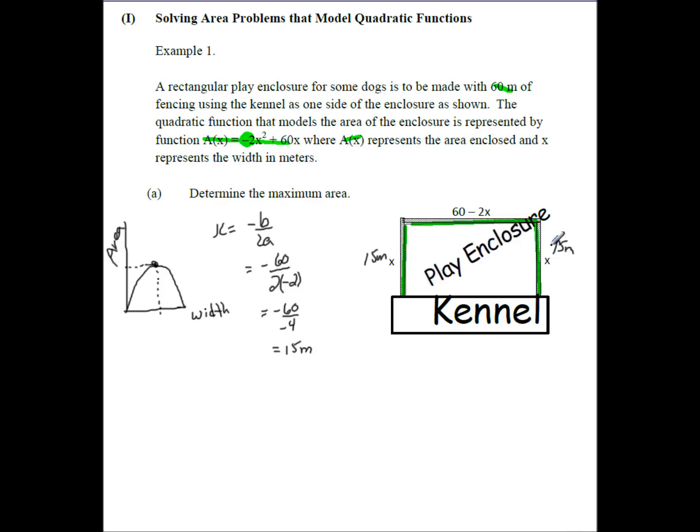That's 30 meters used, and you only have 60. Take away the 30 used for the width, which means you get 30 for the length. So the area is 15 times 30, or 450 square meters.